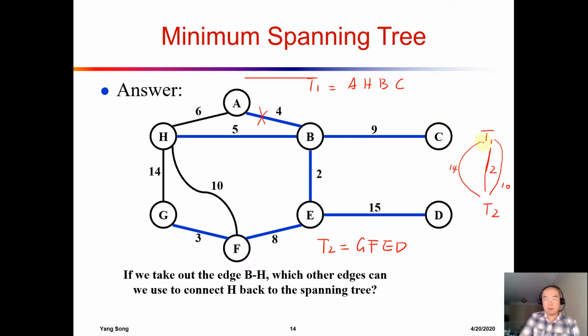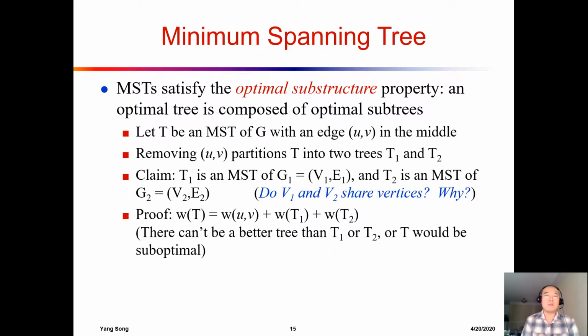So we have the 2, which is B to E, then we have H to G, which is 14, and we have H to F, which is 10. So there are 3 ways we can connect the T1 and the T2, and then we pick the smallest value, and this is how we can connect two optimal sub MSTs together into the optimal MST. Okay, so this is the concept of the optimal substructure.